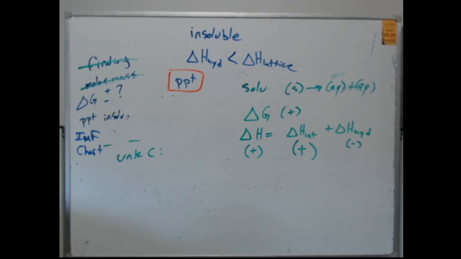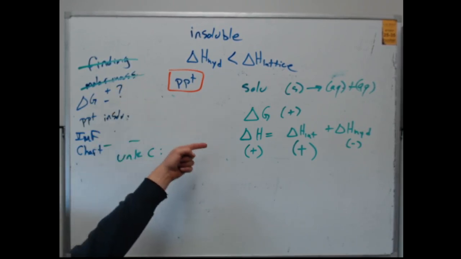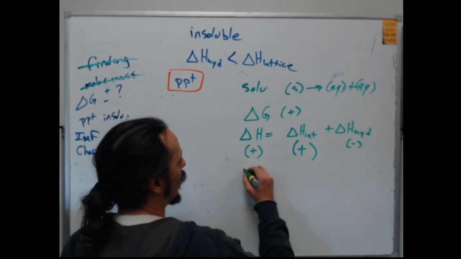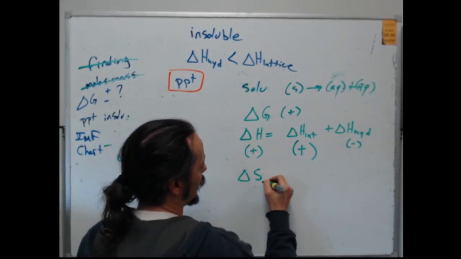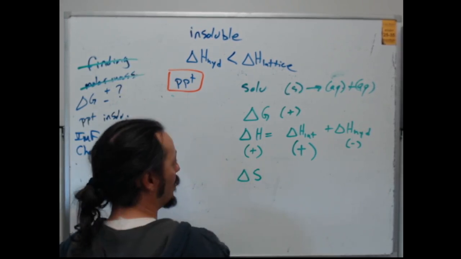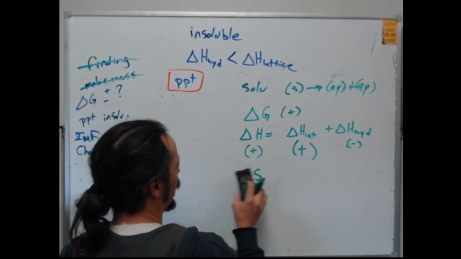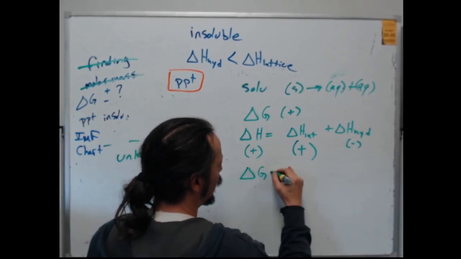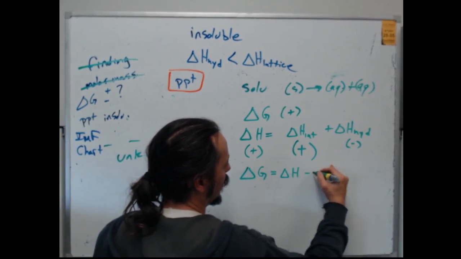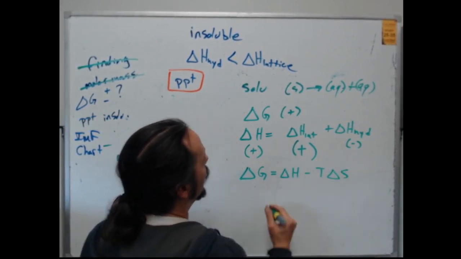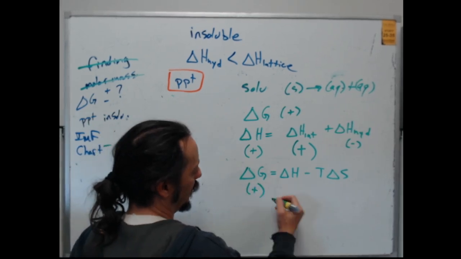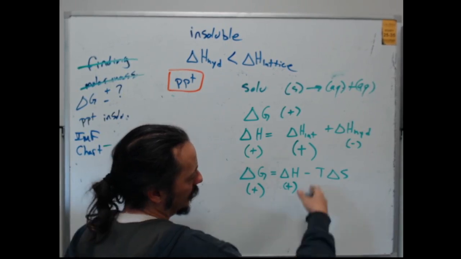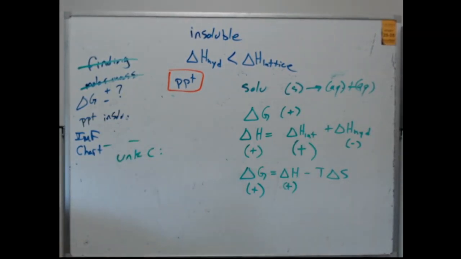Okay, so I've got my delta G from the fact that it's soluble. I've got my delta H from the lattice and hydration being put together. And now I can look at my delta S. To get my delta S, I look at delta G equals delta H minus T delta S. If delta G is positive and delta H is positive, delta S could be anything, right?